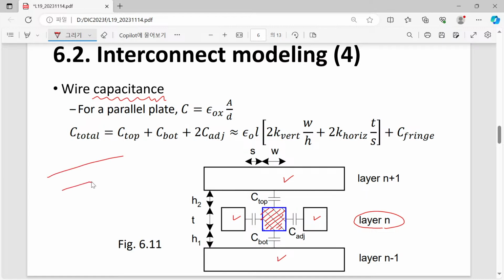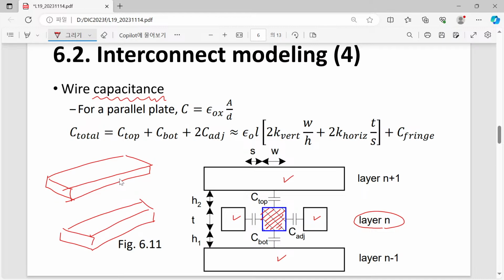I mean that here we have one metal wire running in, for example, n plus 1 level, and we have another metal wire running in n level. And at certain positions we can find a via. Yes, now we have a via. So this is n plus 1 layer and n layer.